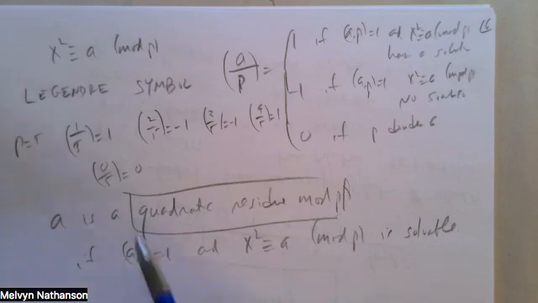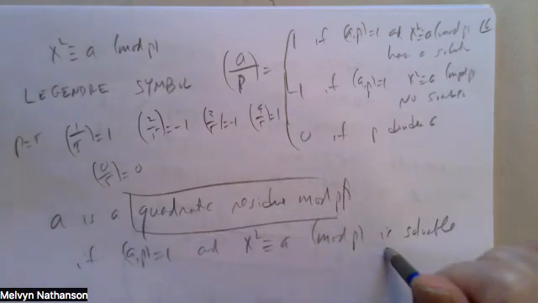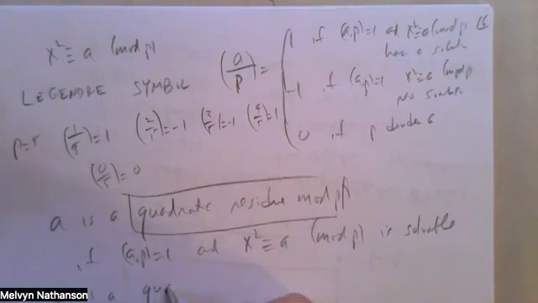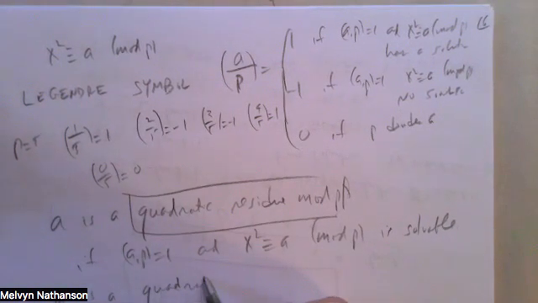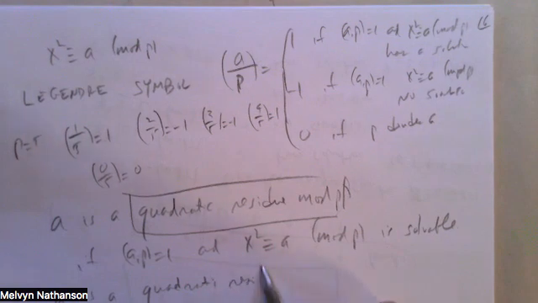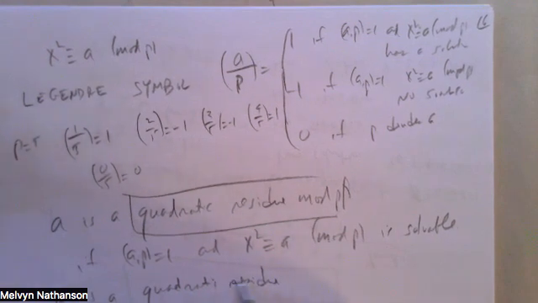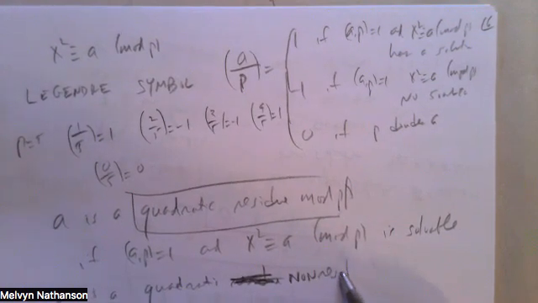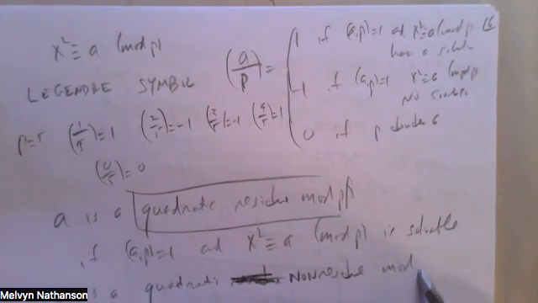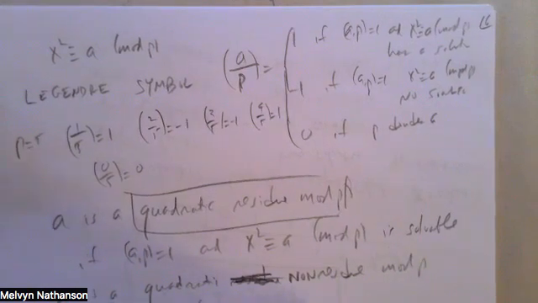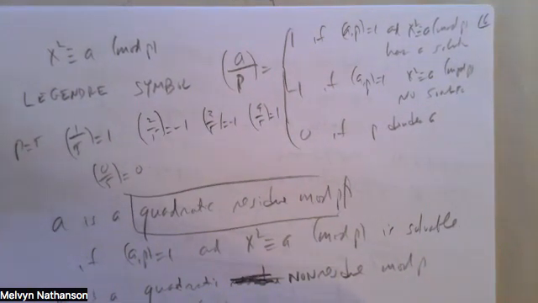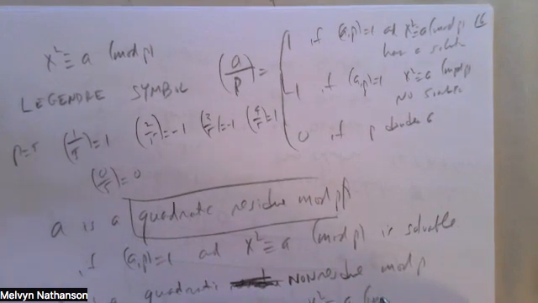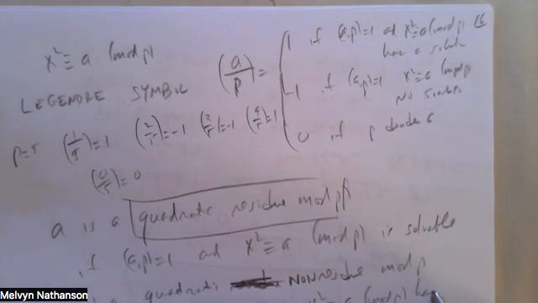If it does, a is called a quadratic residue mod p, if you can solve this. And a is called a quadratic non-residue mod p if a and p are relatively prime and x squared congruent to a mod p has no solution.